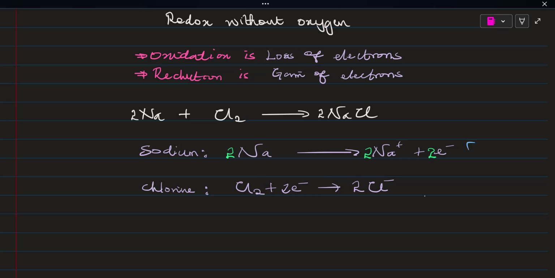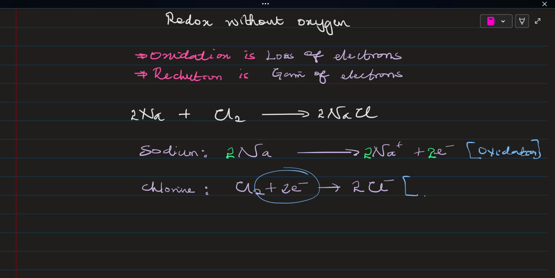This part of the equation, they may ask you to label it. So what happened here? Sodium loses electrons to become sodium ion, and oxidation is loss of electrons, so we can write oxidation here. At the same time, the electrons lost by sodium are gained by the chlorine molecule.